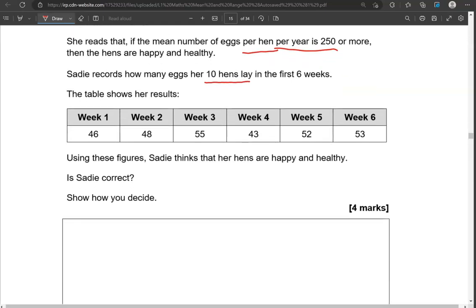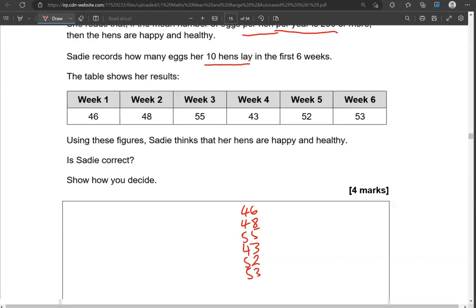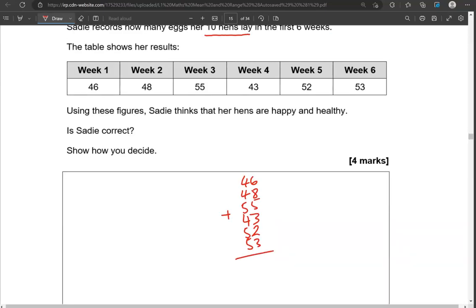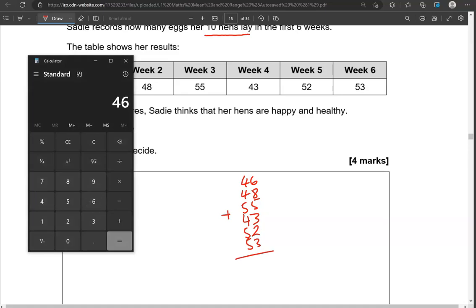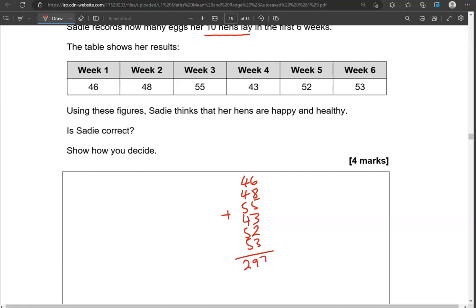So I'm going to start by adding 46, 48, 55, 43, 52 and 53 together. So that is 297, which I'm going to divide by 6.